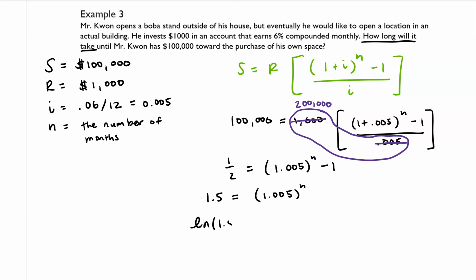So I'm going to take the natural log of both sides. And that allows us to use the power rule for exponents. So we would get natural log of 1.5 is equal to n times the natural log of 1.005, like that.